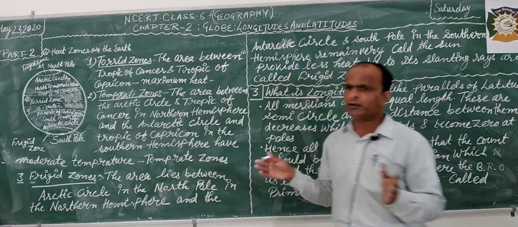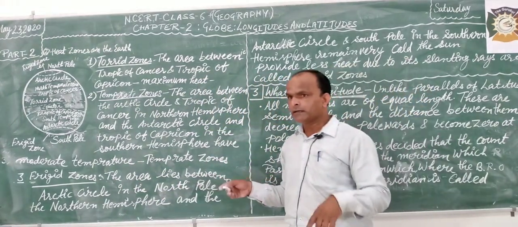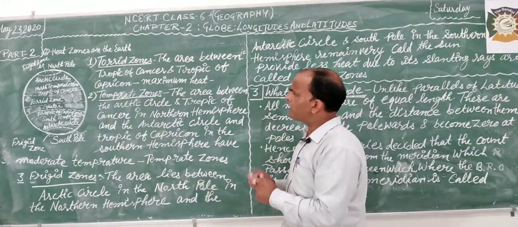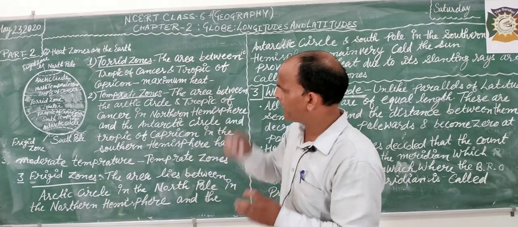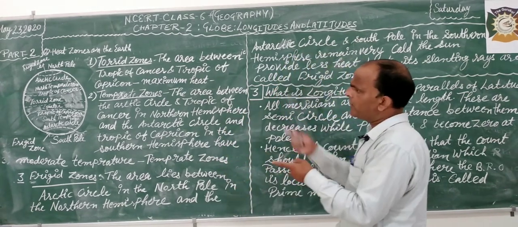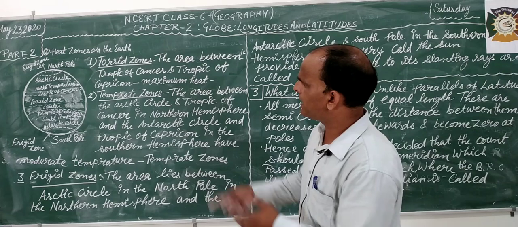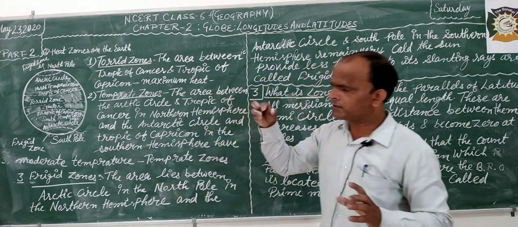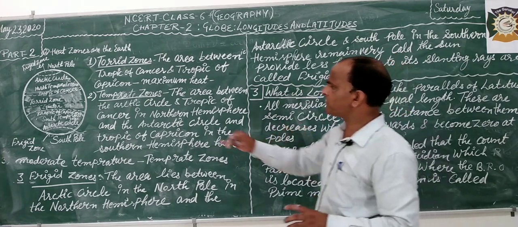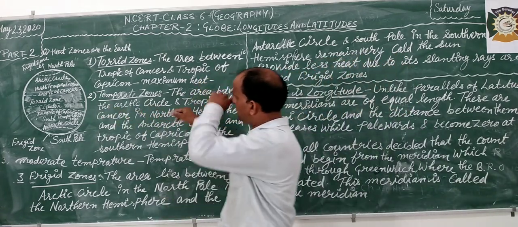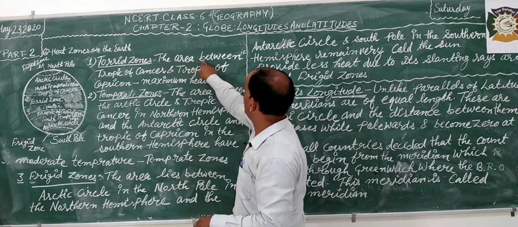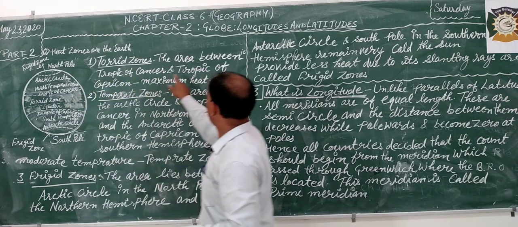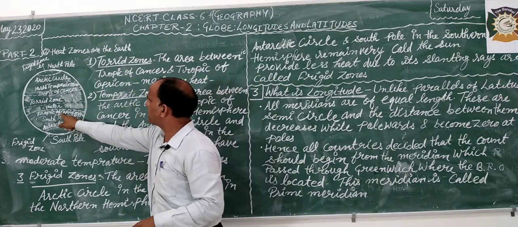I have already told you that the midday sun is overhead once a year, between the Tropic of Cancer and the Tropic of Capricorn.